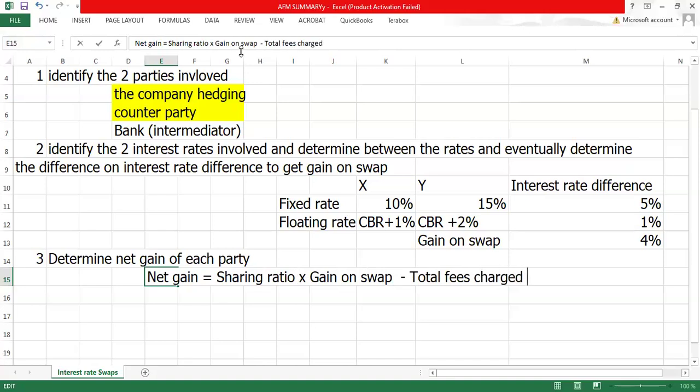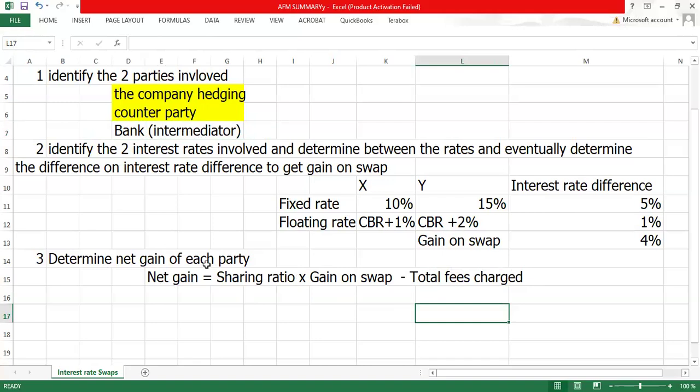The total fees are charged by the bank. Because as you enter into this transaction, of course, you need the intermediator, the bank. The banker will charge you some money. This is what we are saying, that after knowing your gain, you less the costs that you incurred. This is the cost of each party.